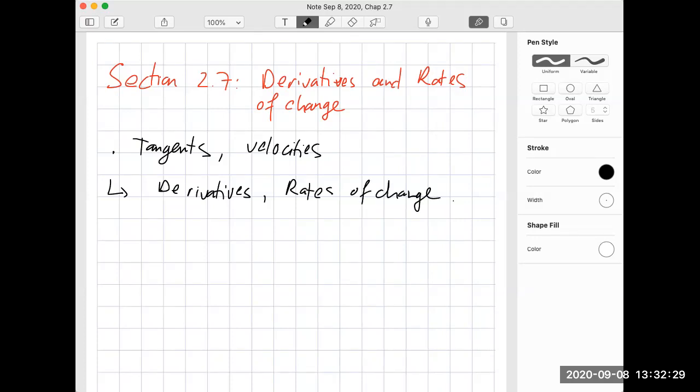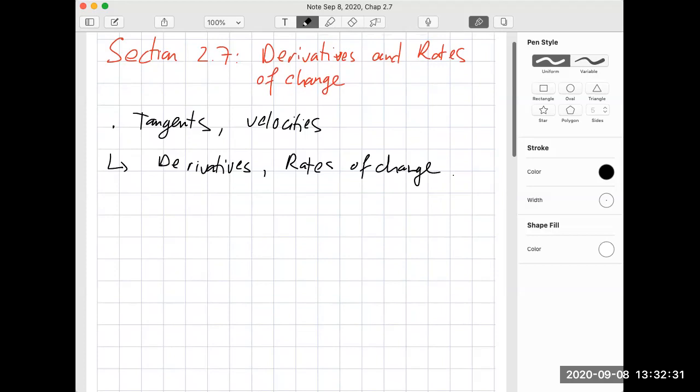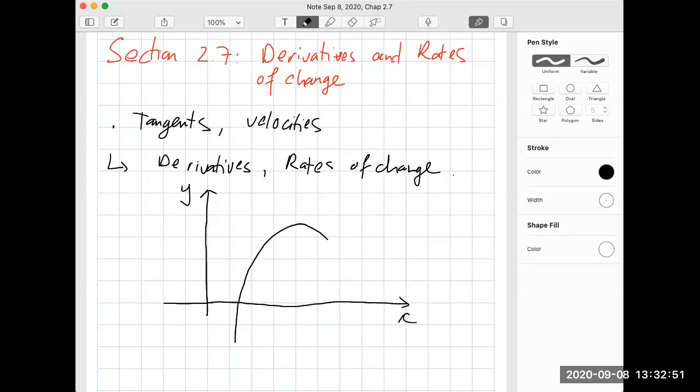So let me quickly review what the tangent is. Suppose this is a Cartesian coordinate system, and the graph of a function is like this.